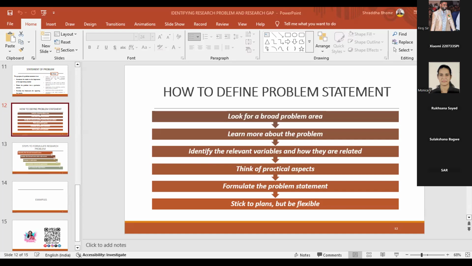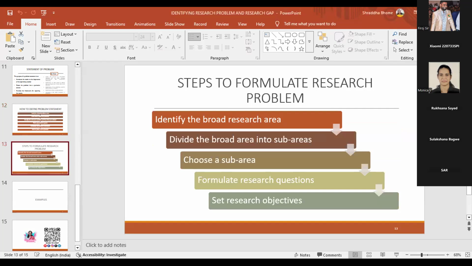At the same time, consider all possibilities and ensure that the problem and question can be modified and adhere to the budget and the timeline. That is most important when you frame the research problem statement.